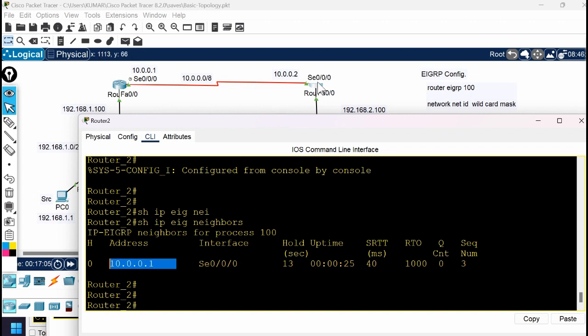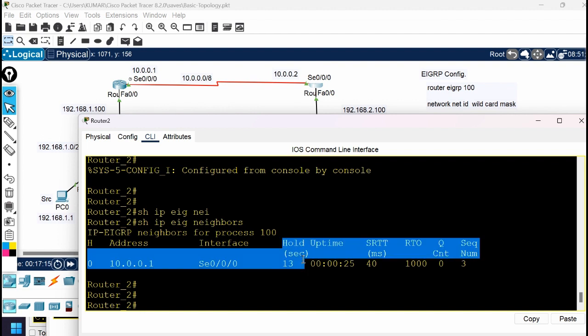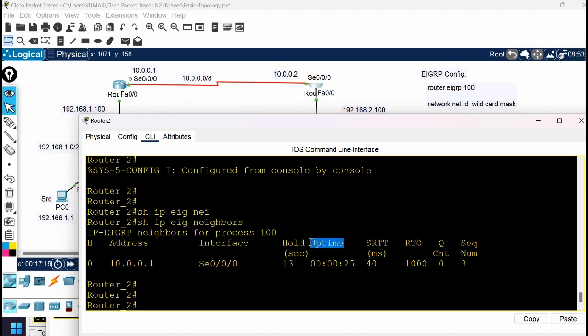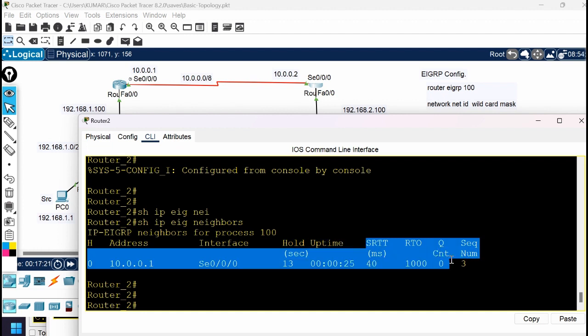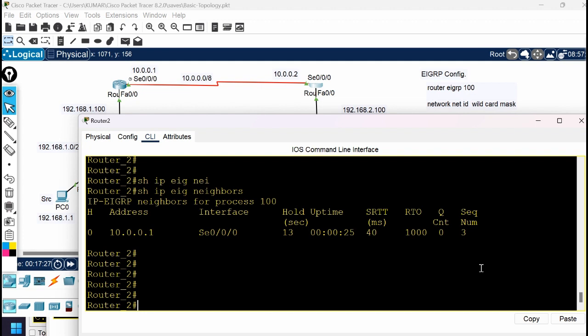This router has the IP address 10.0.0.1, where it is saying this is my neighbor and it is connected with this interface. What are these other things? This is your hold time. This is uptime, how long this router has been a neighbor. Apart from that, these values are not required up to the CCNA level. Forget about that. So this is my neighbor table.